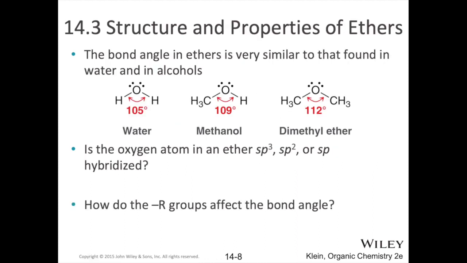Okay, let's talk a bit about the properties of our ethers. With the bond angle that we see in our ethers, let's compare that to water and to an alcohol, and ask ourselves, why is that bond angle a little bit different? It comes down to the bulkiness of the groups around your oxygen.